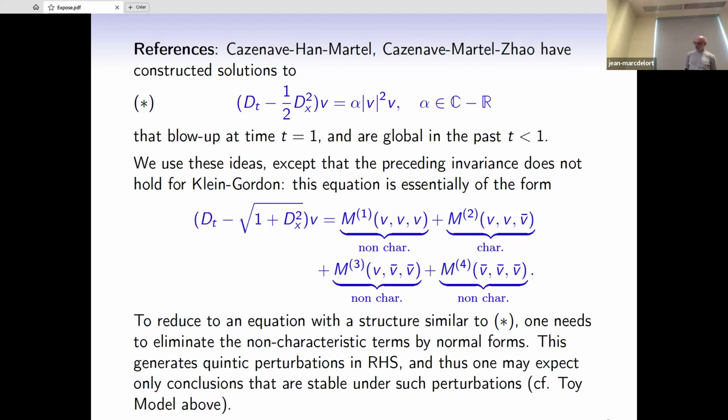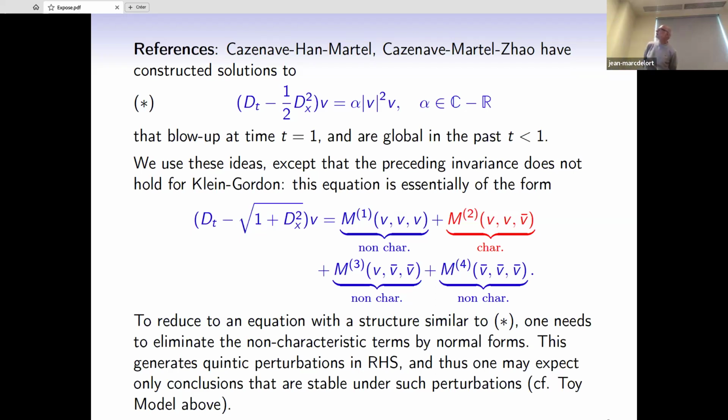And so in the right-hand side, we have two types of terms. We have a term that I shall call characteristic or resonant, which is a cubic term, which is bilinear in V and linear in V bar.